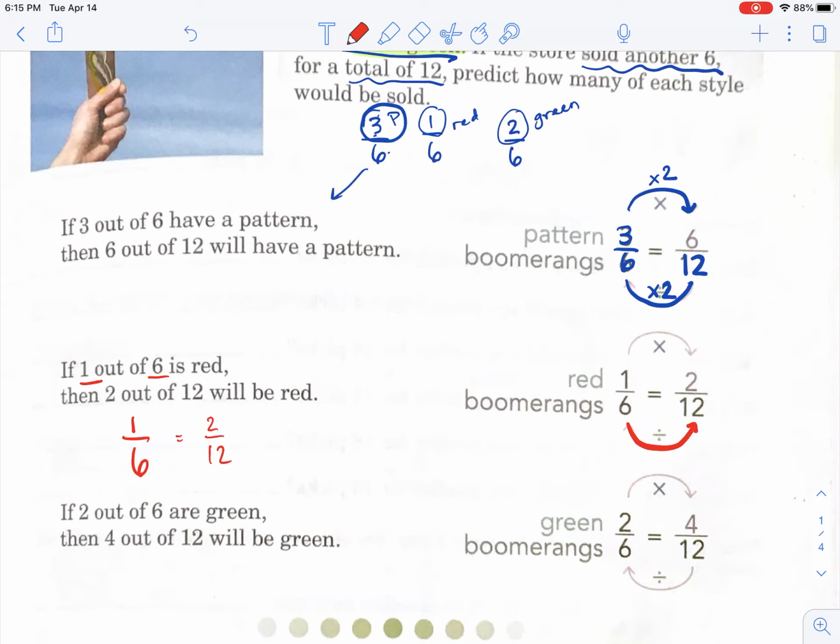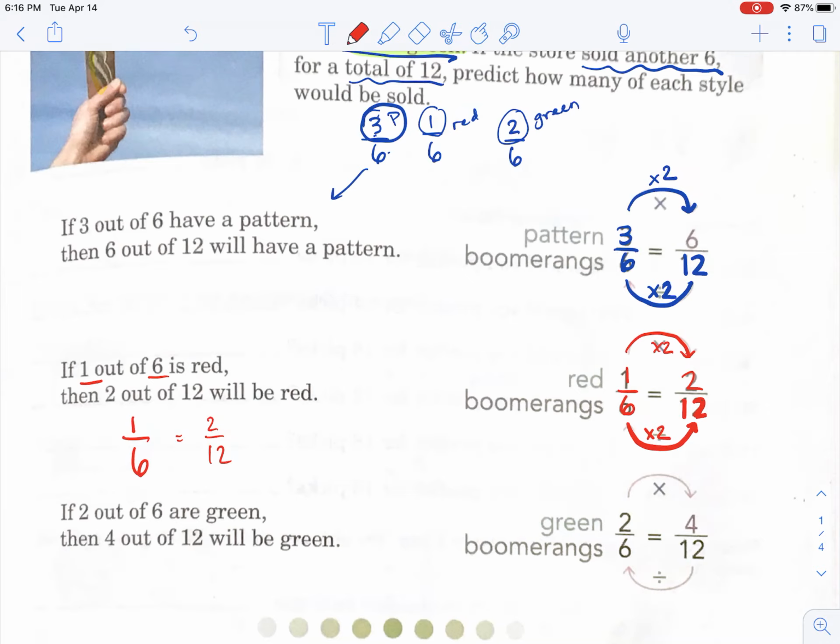So if we know 1/6 is red, and we're trying to figure out how many will be red if there's 12 instead of 6, how do we get to 12 from 6? 6 times 2 is what? 12. What you do to the bottom, you also do to the top. So times 2, 1 times 2 is 2. So we can expect, if we double it, that 2 out of the 12 sold will be red.